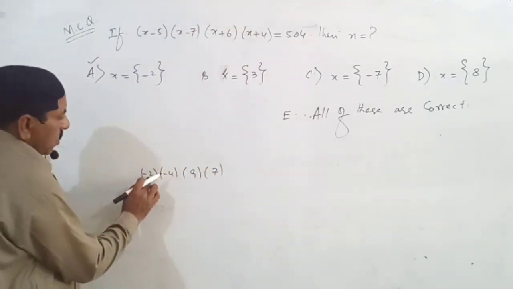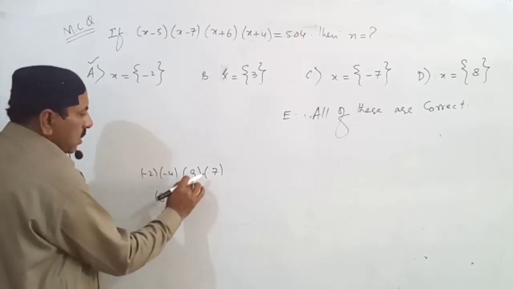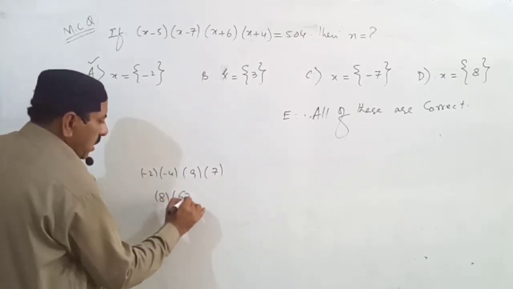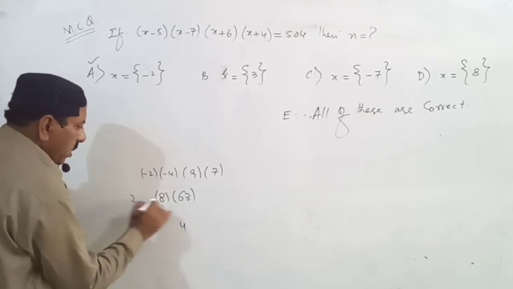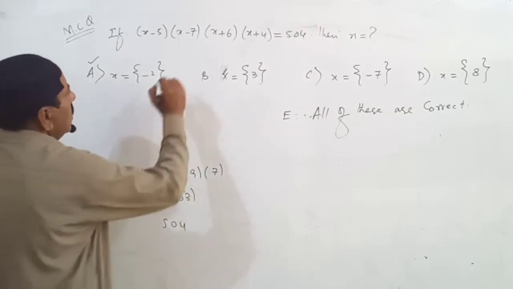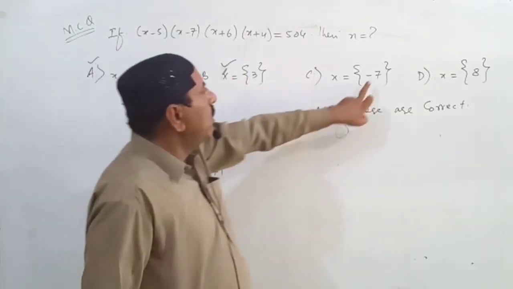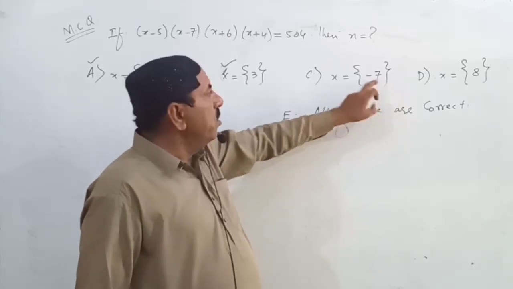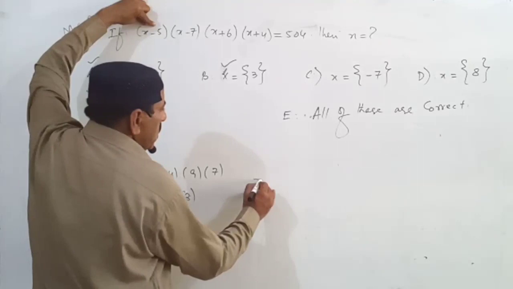Similarly, minus times minus is plus, 2 times 4 is 8, 7 times 9 is 63, similarly 8 times 3 is 24, 6 times 8 is 48, and 250, 504. This is also correct.